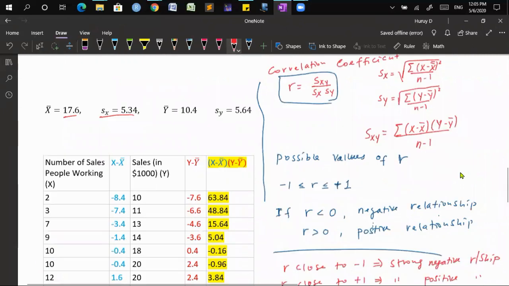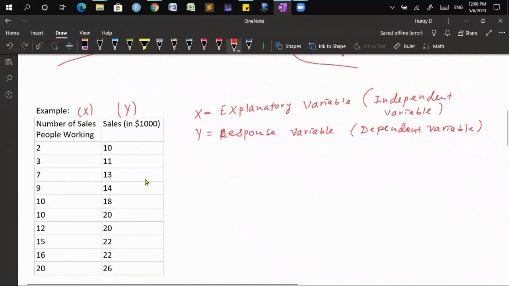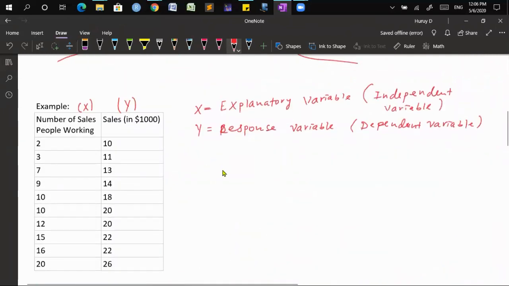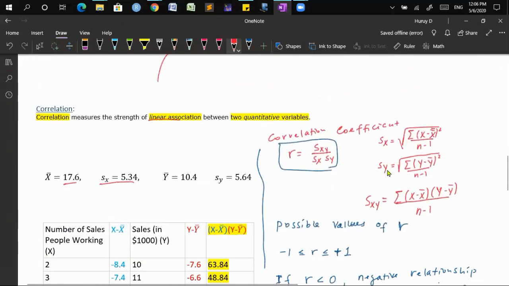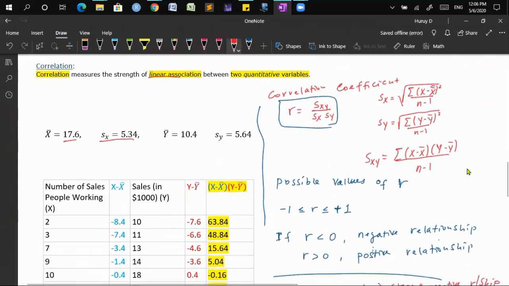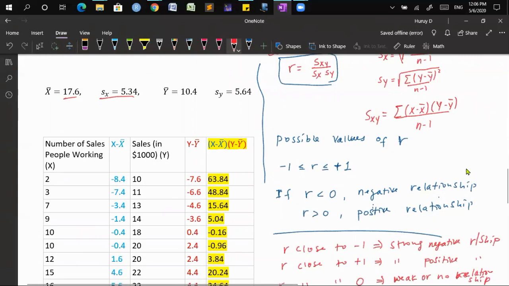Now let's go back to the same example. First, let's try to calculate manually. Well, not manually. I'm still going to use StatCrunch, but I will just show you the general idea of how it works. So here is the x variable.